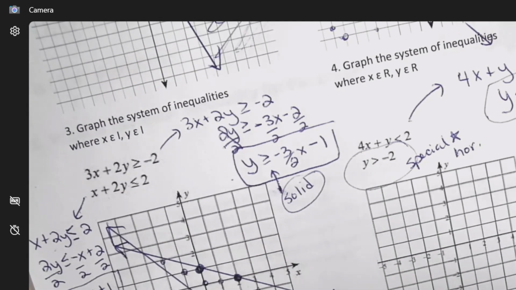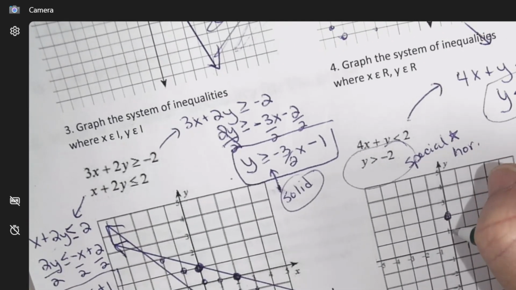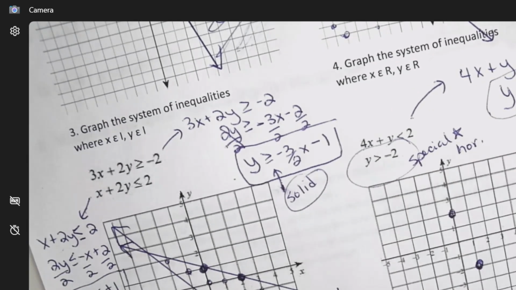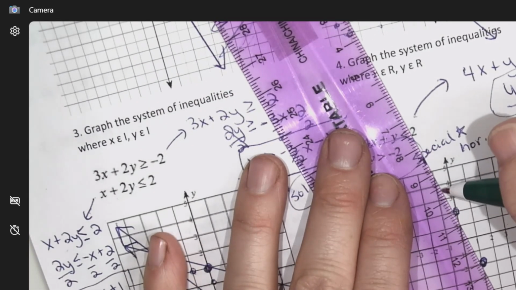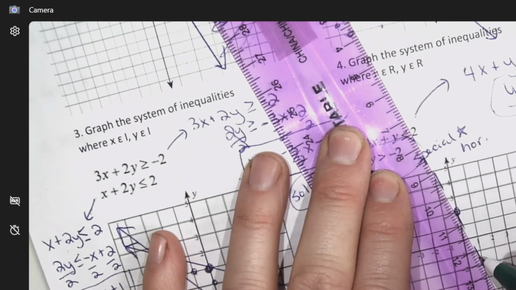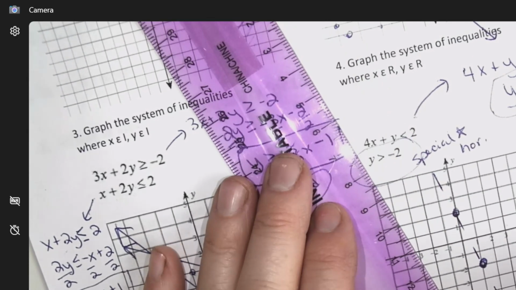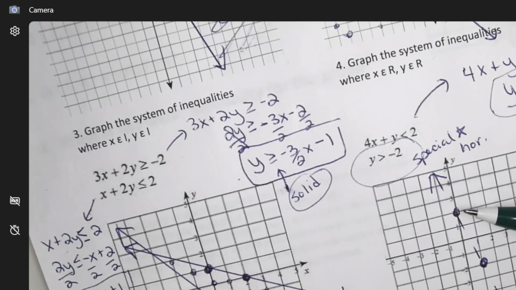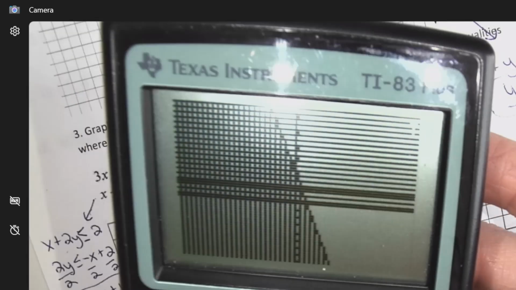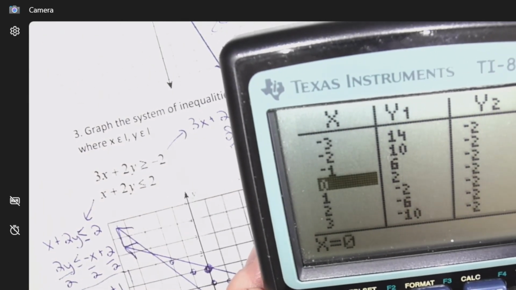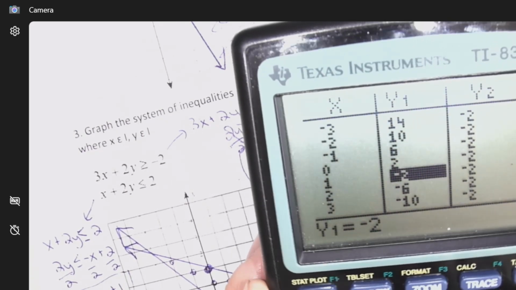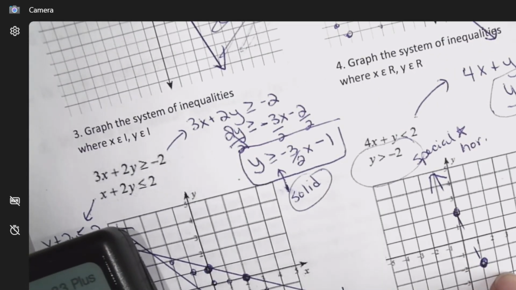All right, so the first line grabs some points. So I got the point 0, 2 on my table. I got the point 0, 2, and I have the coordinate 1, negative 2. Dashed.